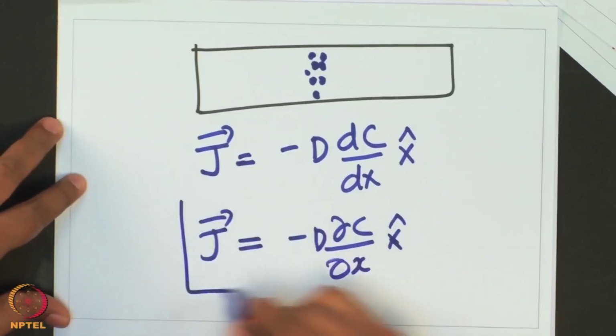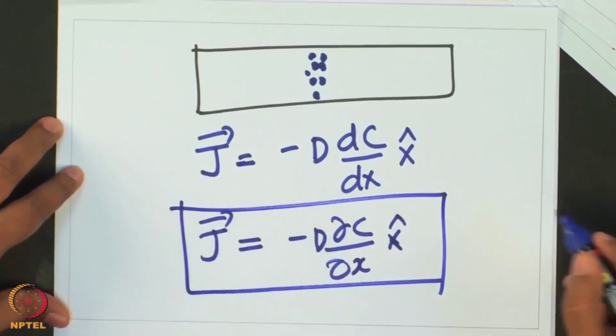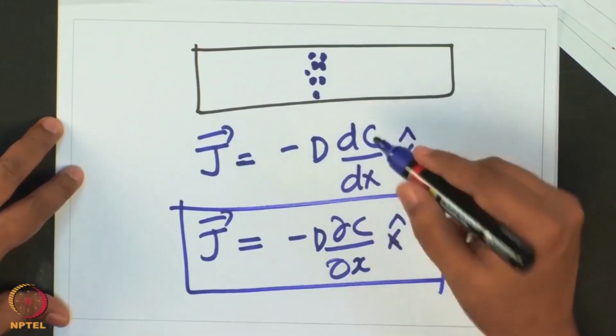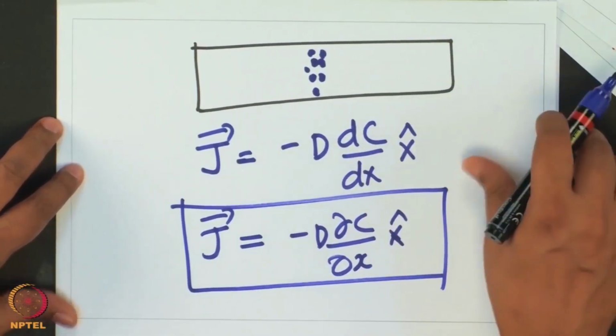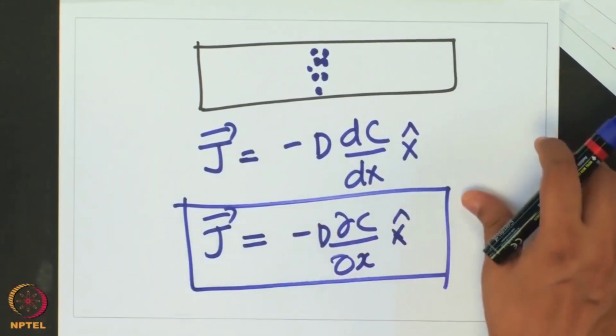Now, given this knowledge of J, what do we know about the change in concentration? Let us think about this. Just remember that J is a function of x. If you have different concentrations, J would be a function of x.